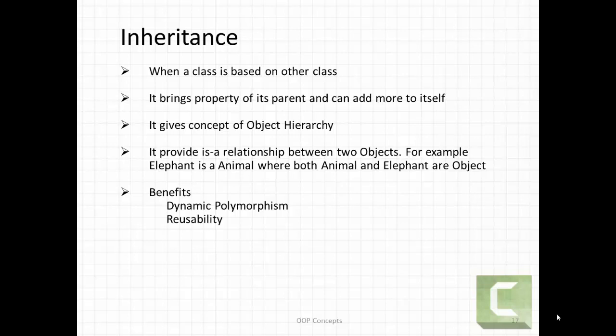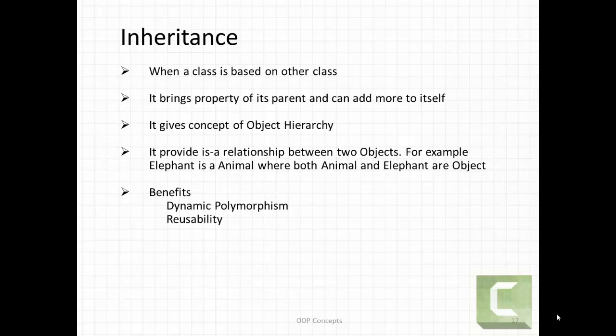It brings properties from its parent and can add more to itself. It gives the concept of object hierarchy. So suppose an object is inheriting from its parent class, which is inheriting from its grandparent class. In this way there is a hierarchy maintained in inheritance.